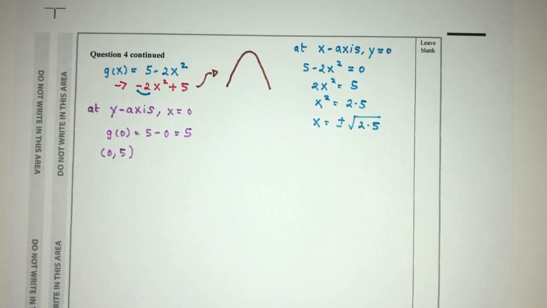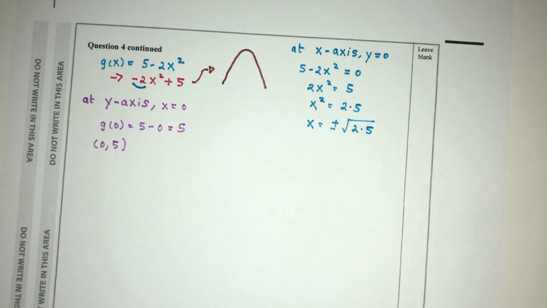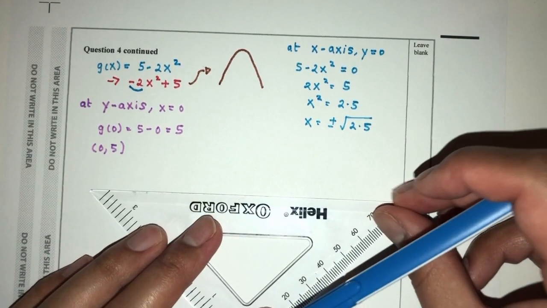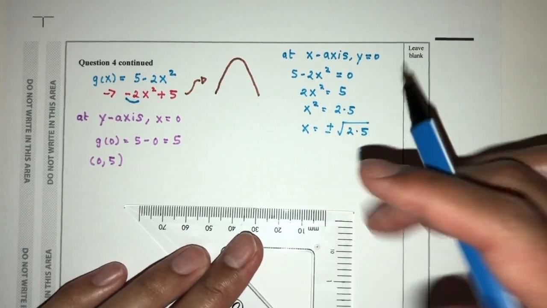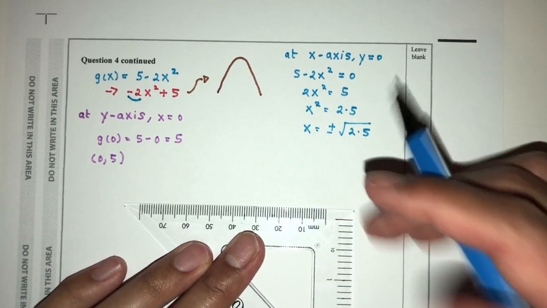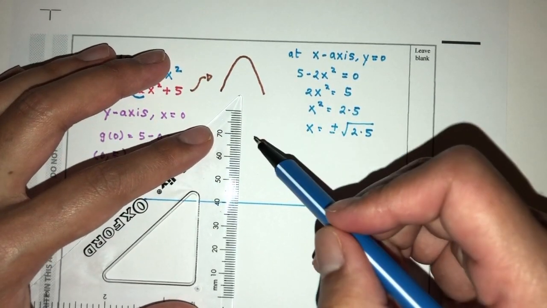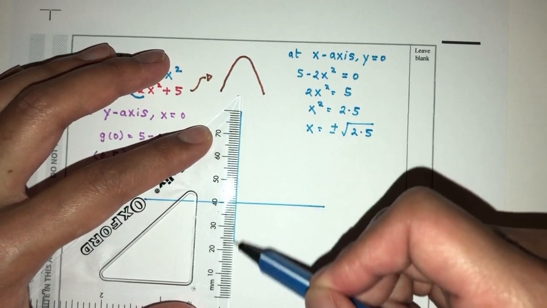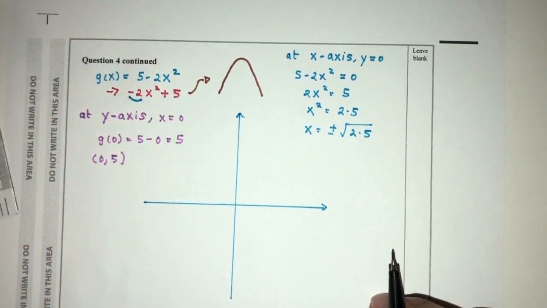Okay. Now we can proceed with the graph. So one by one. Let's first draw the x-axis, right? So let me sketch a few points so we can have an idea how we can sketch this. So here will be my x and this is the y-axis. Okay, so the main point is what?